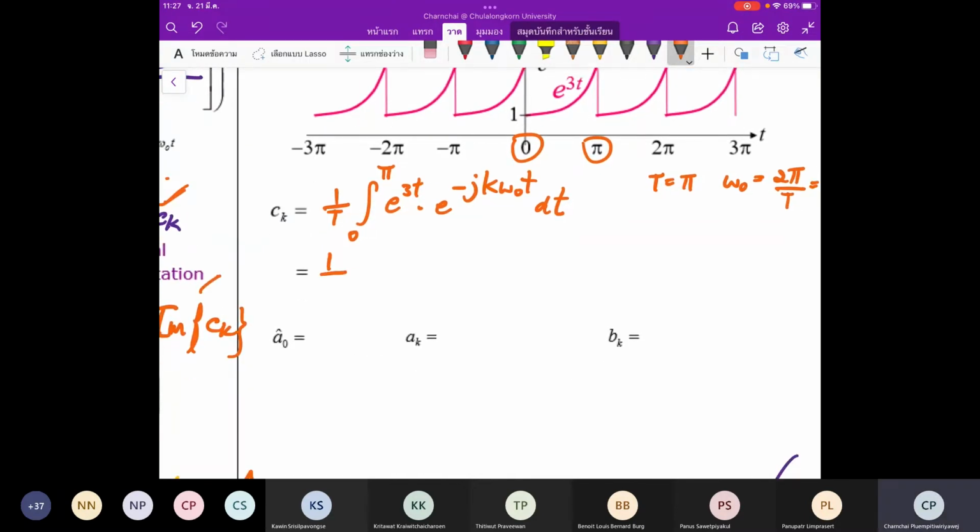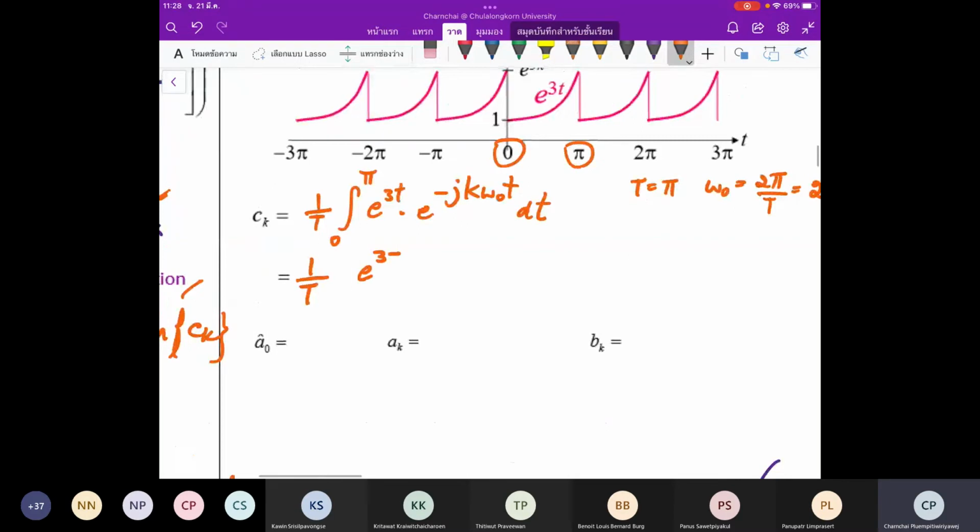So we take the integral and we get e to the (3 minus 2jk) times t, over 3 minus 2jk, from t equals 0 to pi.